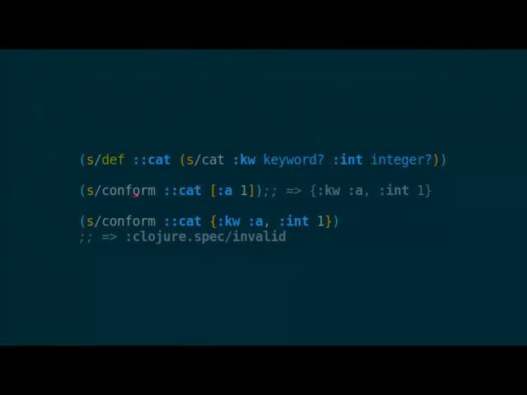Then when we conform data to the cat, we get a map, kw to the keyword, int to the integer, because that's valid. But then I've passed the result of the conform back through again. I've called conform there, but I could have called valid or explain or any of the other things. And it says it's invalid, because clearly that's not an array.